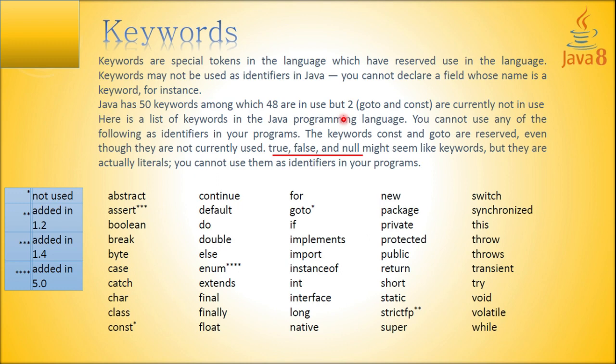Yes, all keywords are reserved words. But are all reserved words keywords? Now give me an answer very quickly. No. All reserved words are not keywords. Examples are there. goto and const. They are reserved but they are not keywords. Is it clear for you?